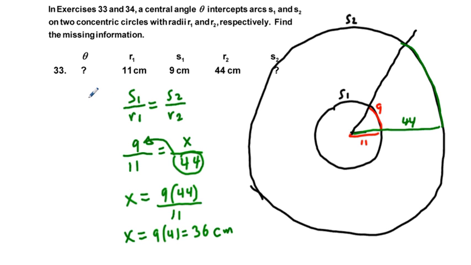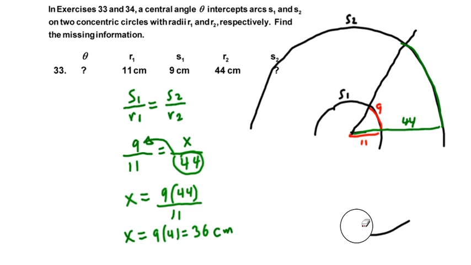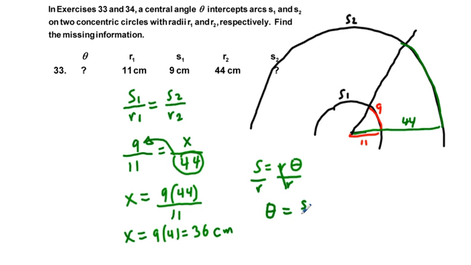And then it finally says, find the missing information. Well, to find theta, I'm going to erase part of this circle to leave some room to figure that out. Again, we have the arc length formula, S equals R theta. And if we want to find out what theta is, we just need to divide by R. So theta is equal to S over R, and we can use either one of these.